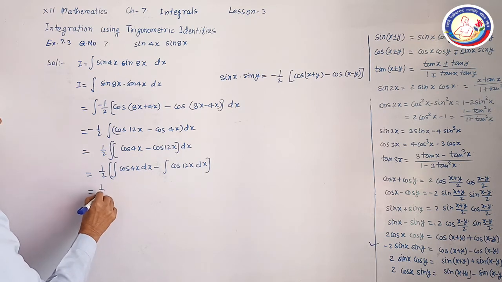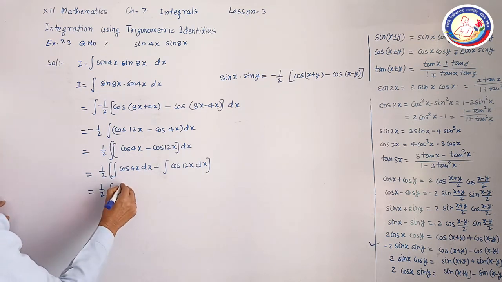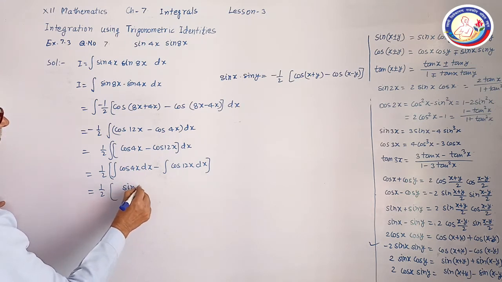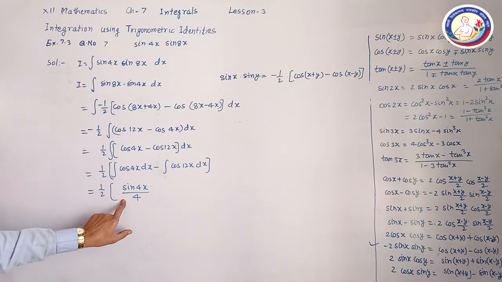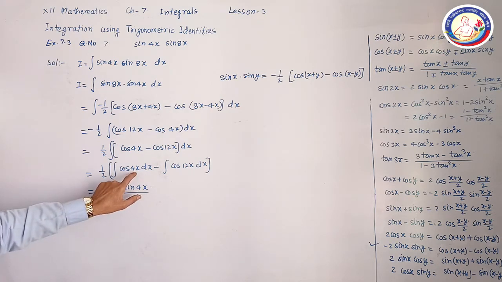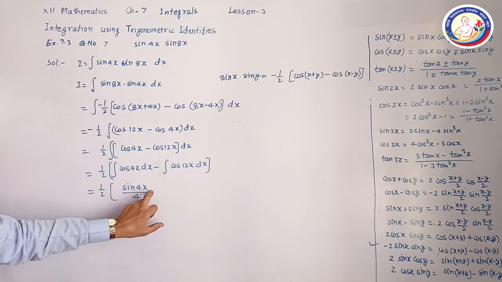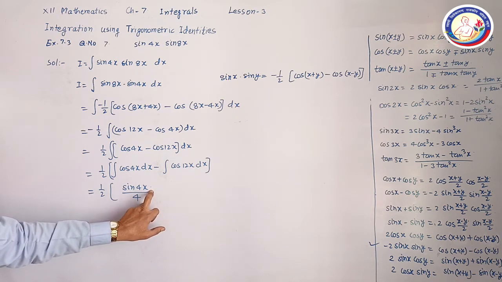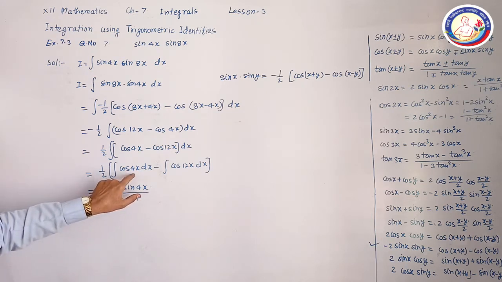Now 1 by 2 is here, integration of cos 4x. It is sin 4x by 4. Find the derivative of this and check whether this is the differentiation of this function or not. Cos 4x, and then derivative of 4x is 4, so we have already divided it by 4, so this will be the derivative.